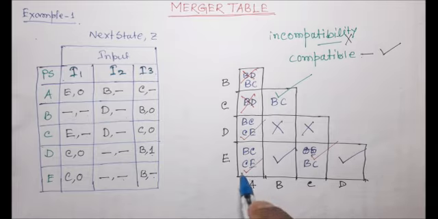So in this way, if I start, I will get the polygons. That is why we start from any end, because we want to find the polygons in the merger table.